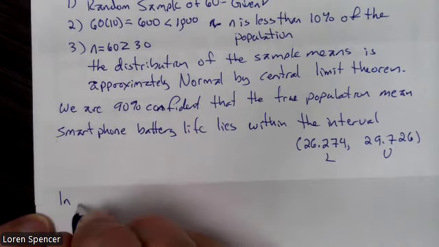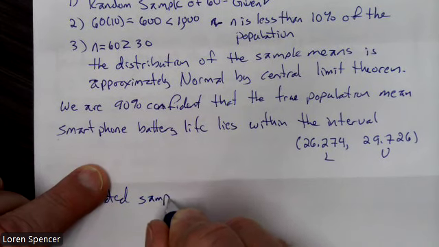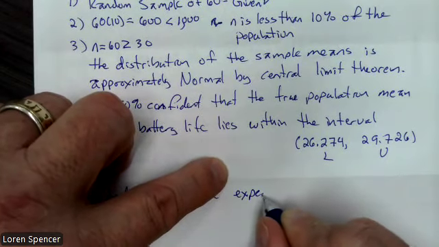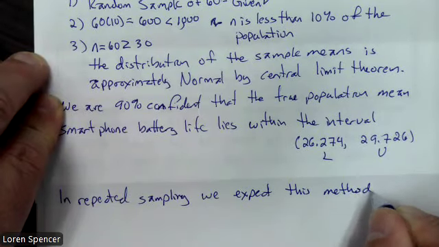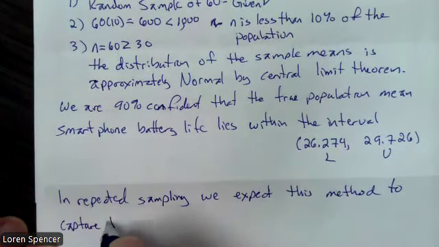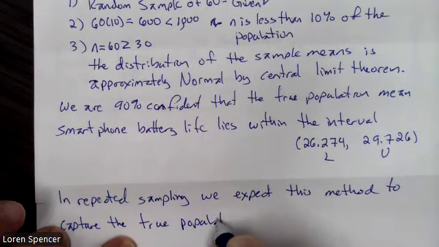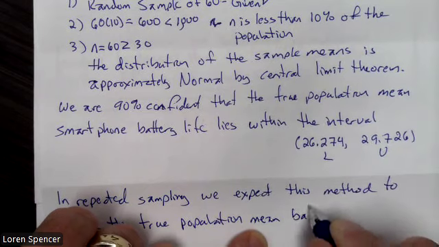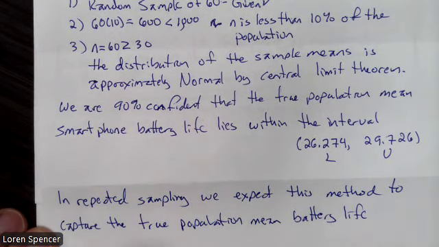Well, in repeated sampling, we expect this method to capture the true population mean battery life. How often? 90% of the time.